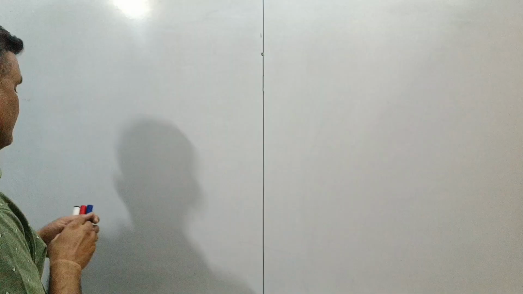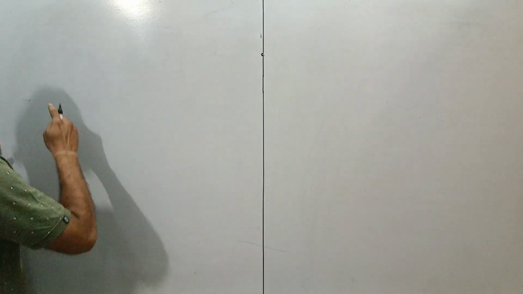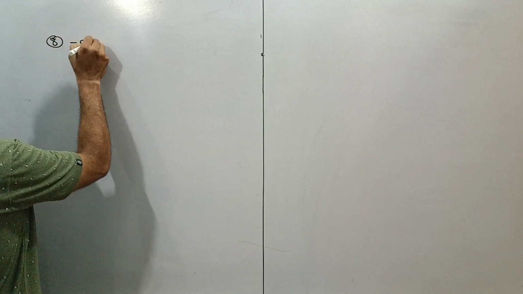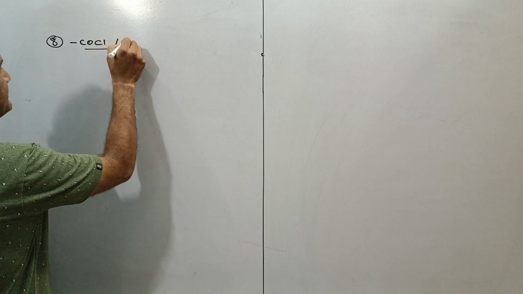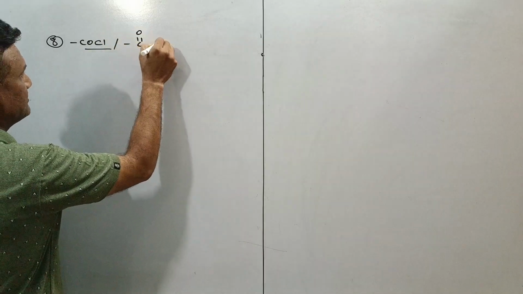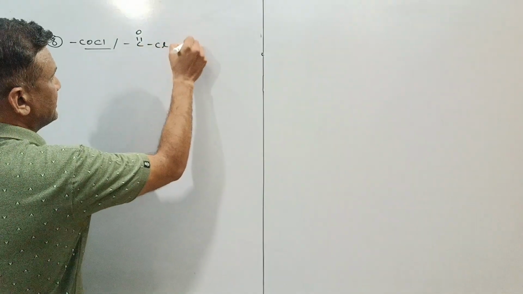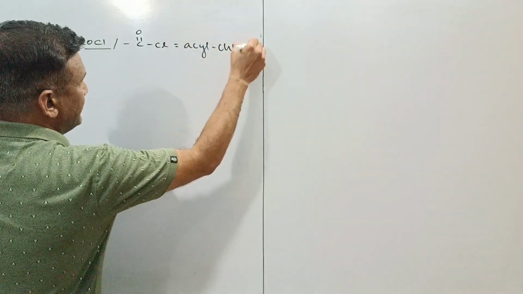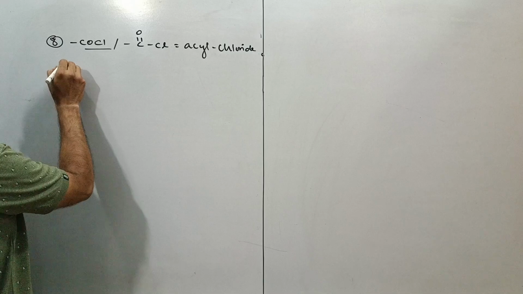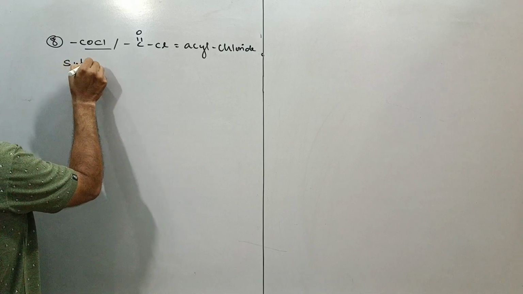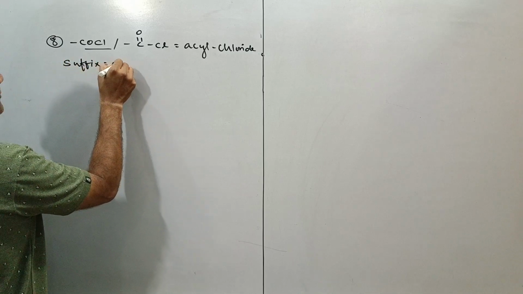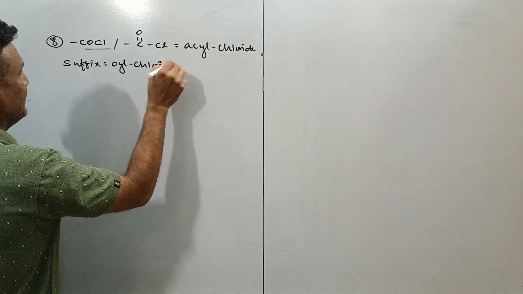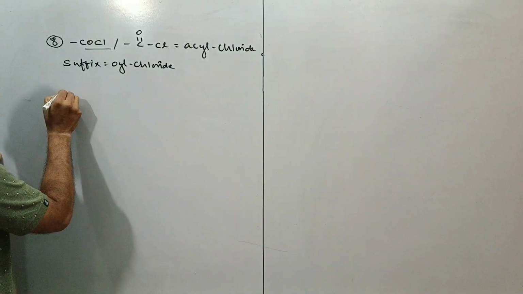So this is the 8th group, denoted by COCl. In general, it is called acyl chloride. Suffix will be oyl chloride. Again, it contains carbon, so it will be countable.